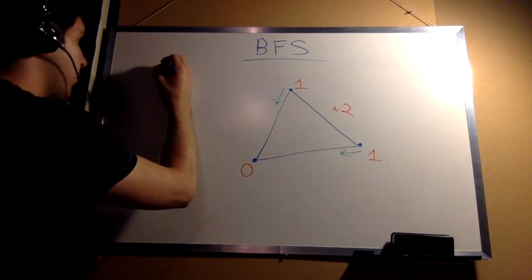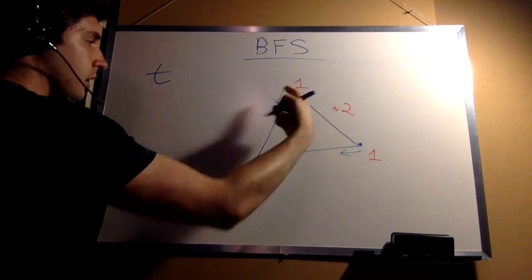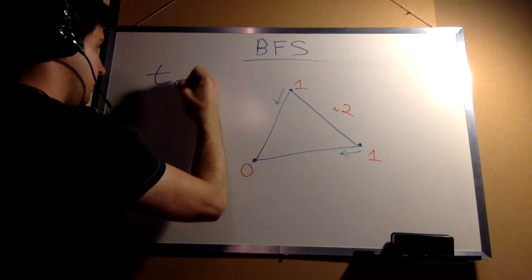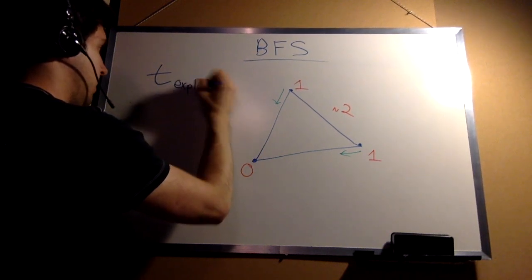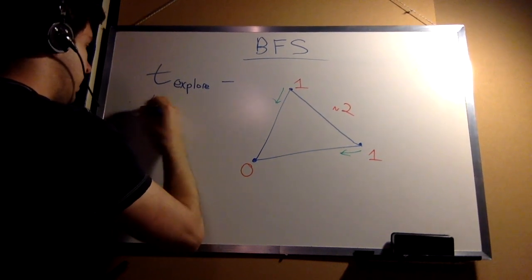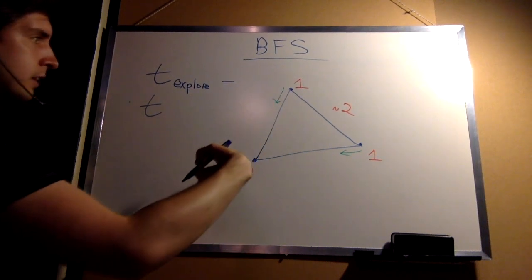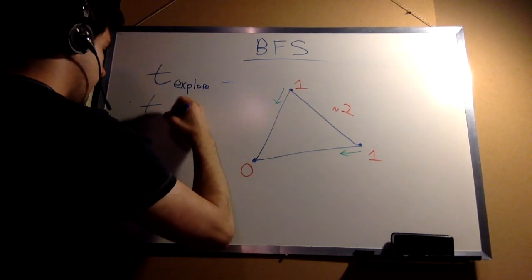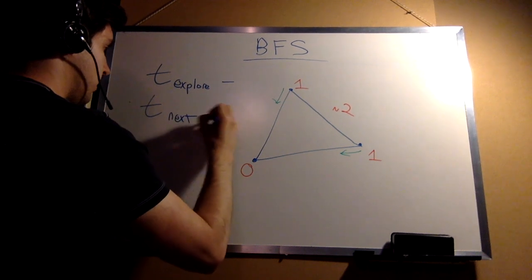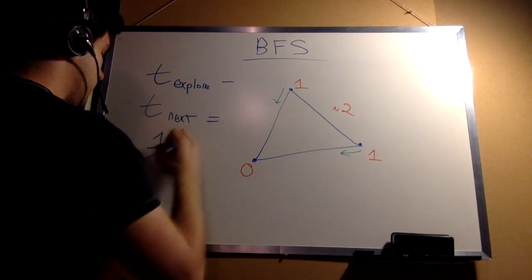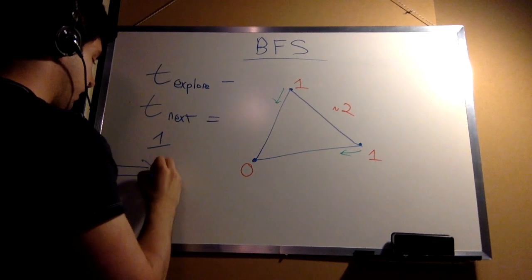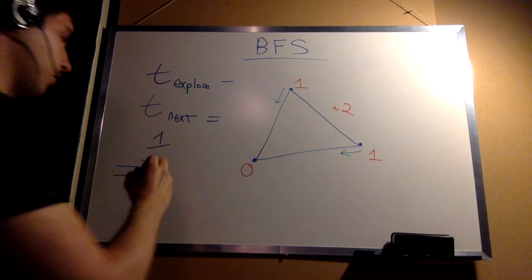So let's write that out. So time of explore minus time of target or next equals 1. And then we can say there is a cycle or a triangle.